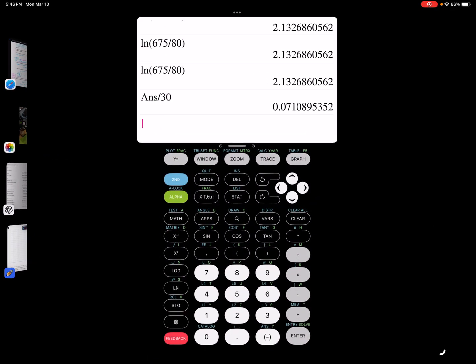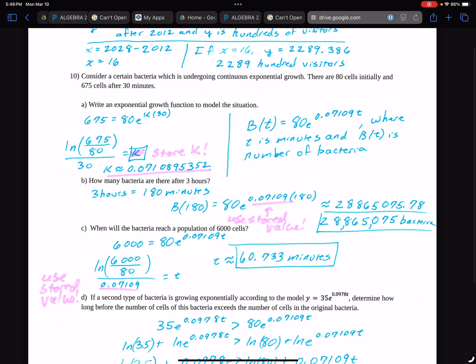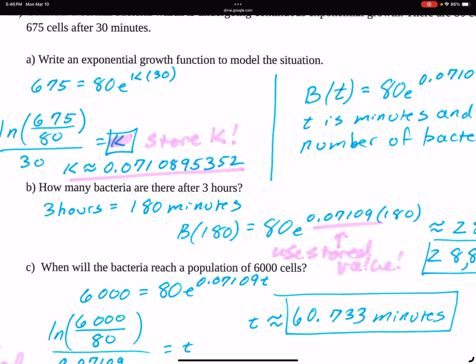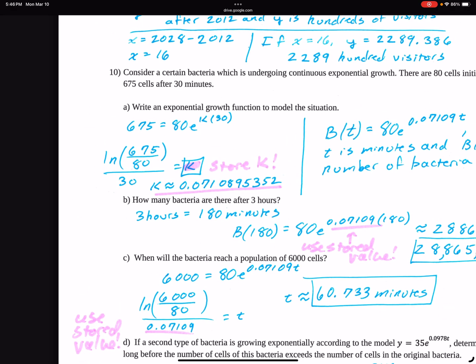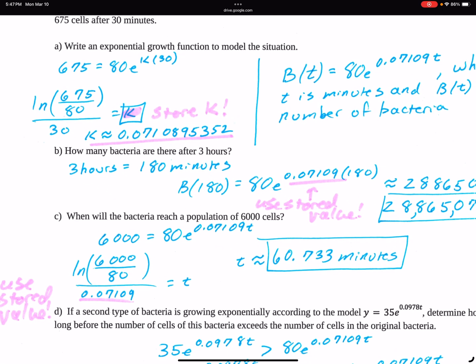So let's just make sure that's divide by 30. So 0.07, 0.071. That's it. Yep, works. I thought you had to actually hit store. No, you don't. It works on this too. So answer, no problem. Okay, so then if it's 6,000, then you have that in your calculator.